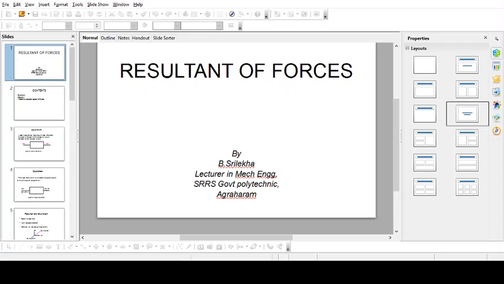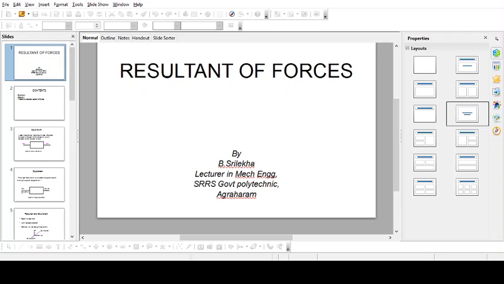So if you are taking two forces P and Q, for P, the horizontal component, let me denote by PH, is nothing but P cos theta. Let PV be the vertical component, it is nothing but P sin theta.